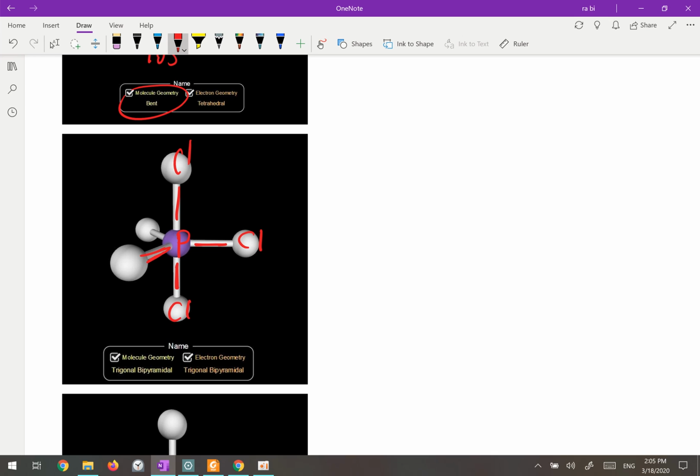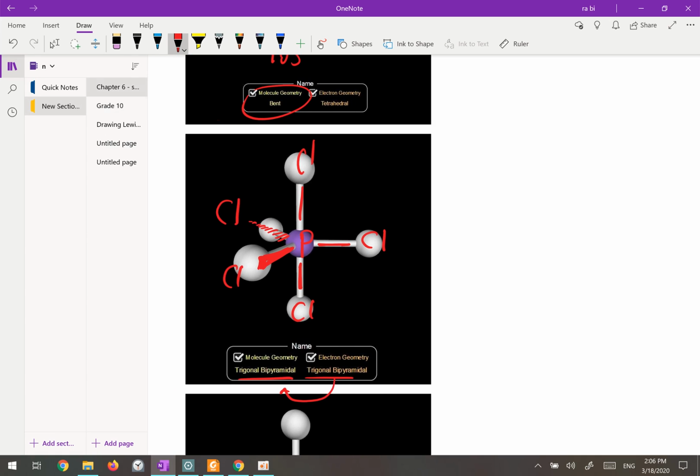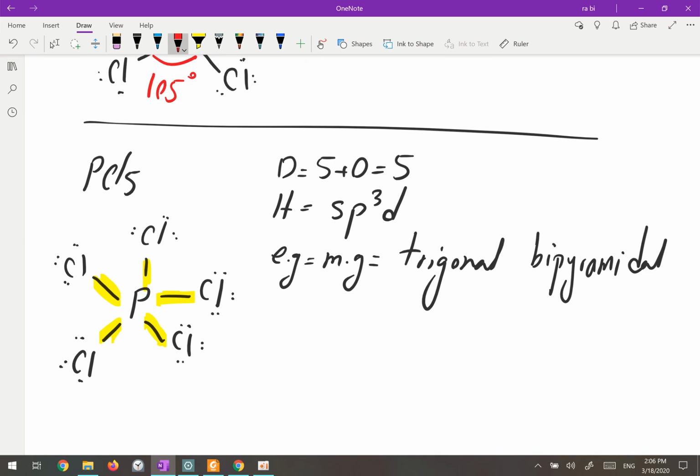This bond is coming out of the board, so you have to draw it in bold. This one is going into the screen, so you have to shade that one. This would be the shape of your molecule. So the electronic geometry and molecular geometry are the same. Both of them are trigonal bipyramidal.